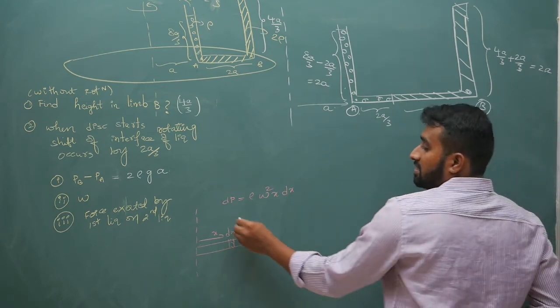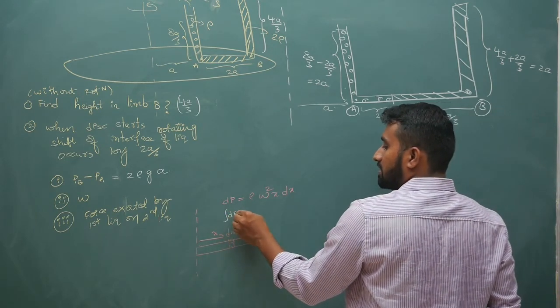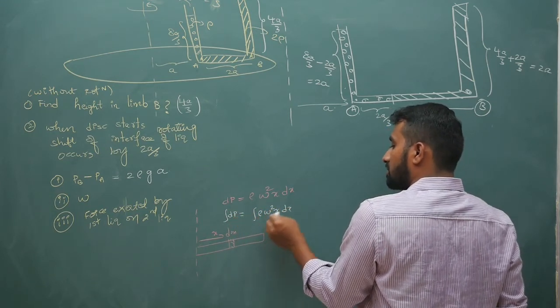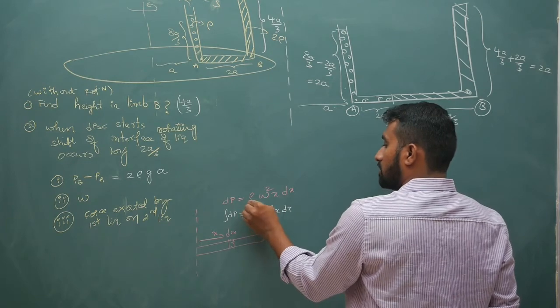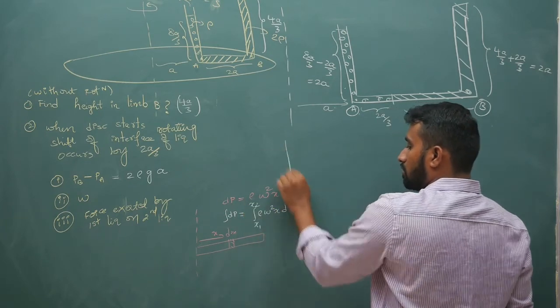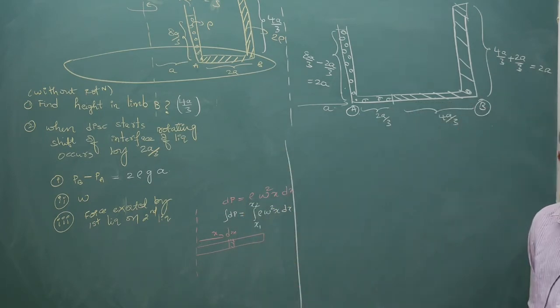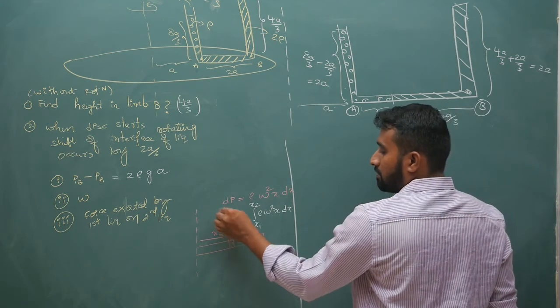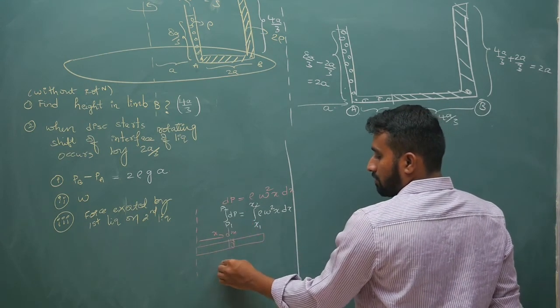Now the pressure difference between these 2 points: integral dp is integral of rho omega square x dx from some x1 to x2. So rho omega square x square by 2 is your pressure difference, right? If you take P1, P2, what did we get?